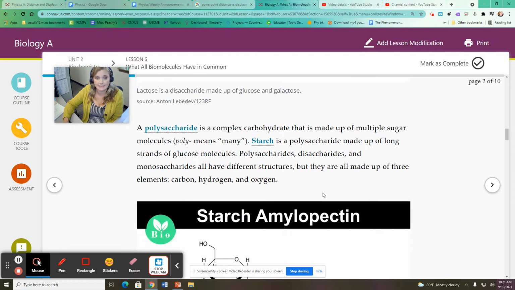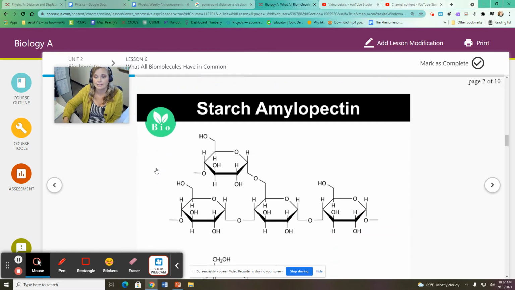A polysaccharide is made up of multiple sugar molecules linked together. Poly means many, so many different ones. Polysaccharides, disaccharides, and monosaccharides all have different structures, but they all have the same three fundamental elements: carbon, oxygen, and hydrogen. Starch is a polysaccharide. This is a type of starch called amylopectin.